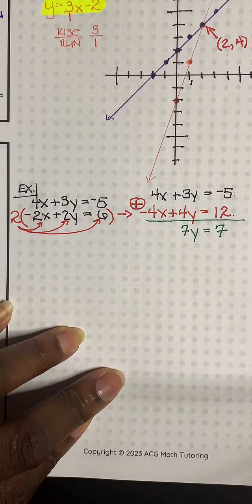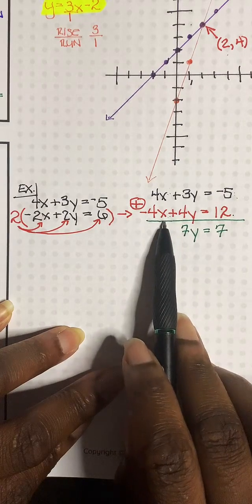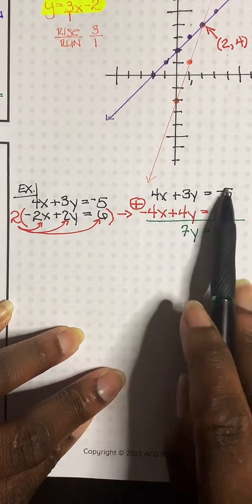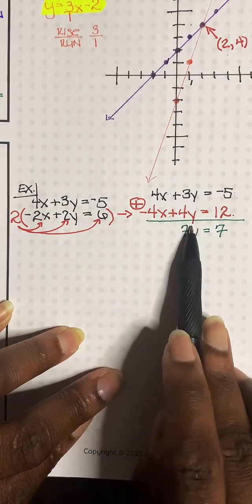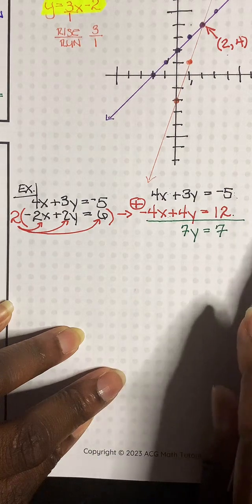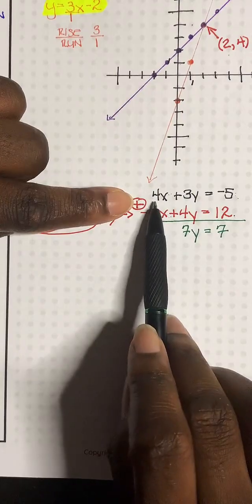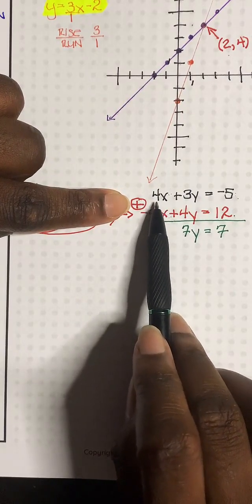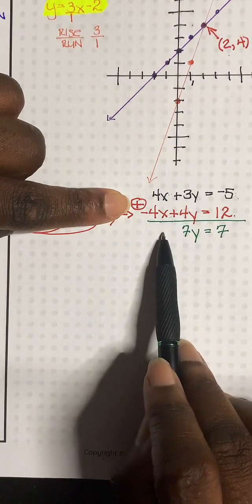Okay. How do you add? If I have my x's lined up, my y's lined up, and my constants lined up, so I'm looking at it vertically, just like how we used to do before algebra came into our lives, right? If I have 4 donuts and I ate 4 donuts, I don't have any donuts left.